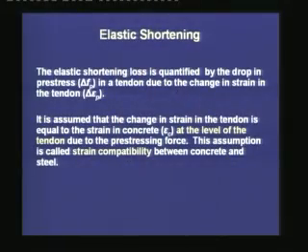First, what we are trying to quantify is the change in the strain. It is assumed that the change in strain in the tendon is equal to the strain in concrete at the level of the tendon due to the prestressing force. This assumption is called strain compatibility between concrete and steel.